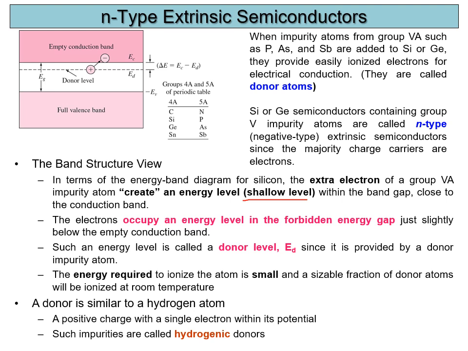Such an energy level is called a donor level, ED, since it is provided by a donor impurity atom. The energy required to ionize the atom is small and a sizable fraction of donor atoms will be ionized at room temperature.